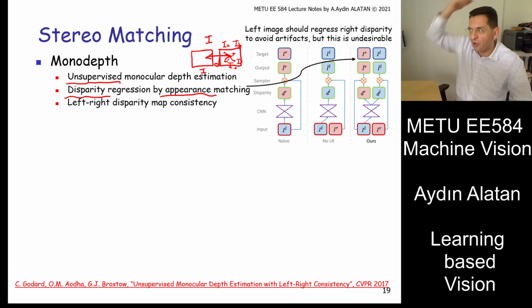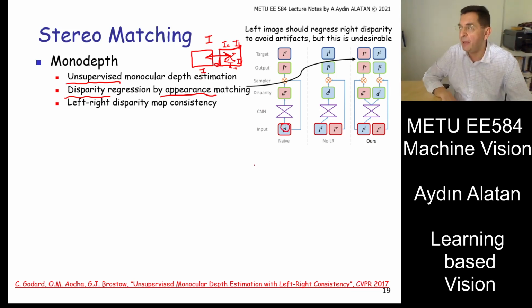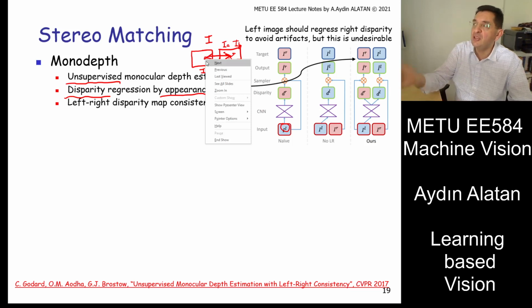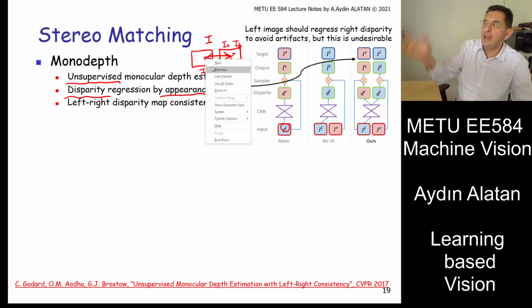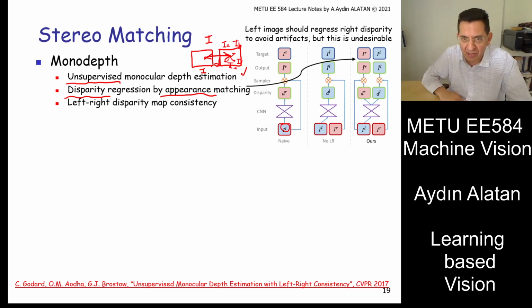appearance match. Okay, therefore, if you have left image, then you have this image here, for example, then you have to have the synthetic image generation on the right, so that from the left, the right could be generated, and by this way, you will be able to compare the synthetic result.